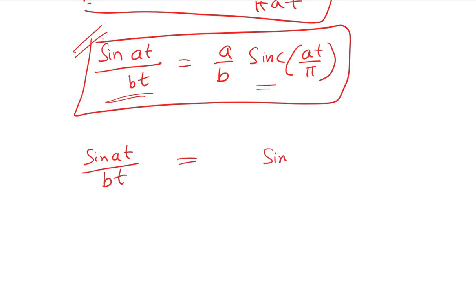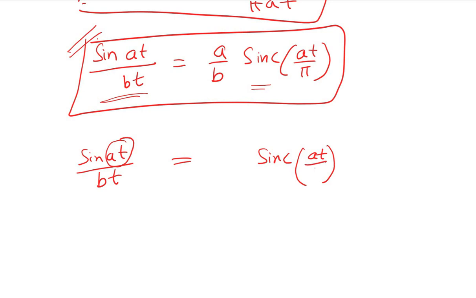Just write down sinc here first, and first we'll write down the argument of the sinc function. Just look at the argument of the sine function. It is at. So just write at divided by pi. Whatever is the argument of the sine function, you use the same argument but divided by pi. That is the first step.